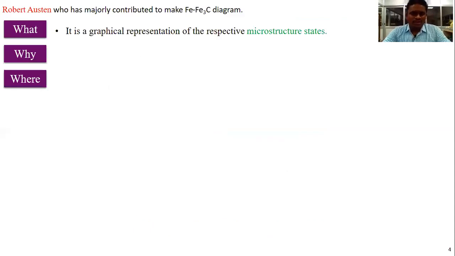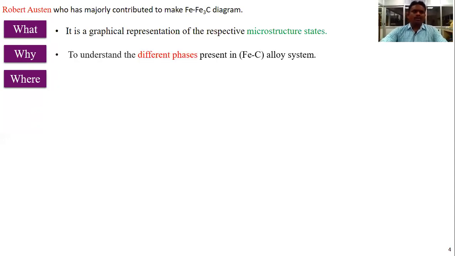Before going to study this iron carbide equilibrium diagram, we need to understand what it is and where we can apply this iron carbide diagram. The iron carbide diagram is a graphical representation of different microstructure states with respect to temperature and carbon percentage. It is mainly to understand the different phases present in the iron and carbon alloy system.